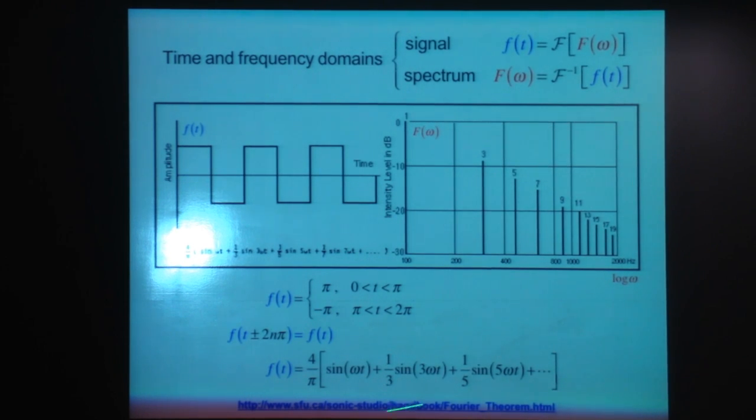Its Fourier series representation is a sine series in this case, because this is an odd function, just like the sine function. So we have an infinite series in sines of frequency times time, the harmonic series: 1, 3 times, and so on. It's all the odd harmonics; the even ones go away.